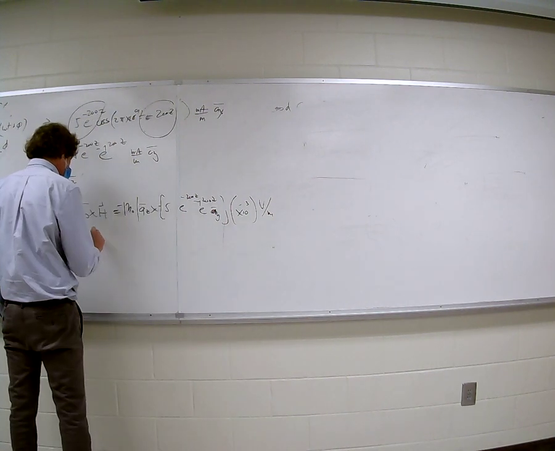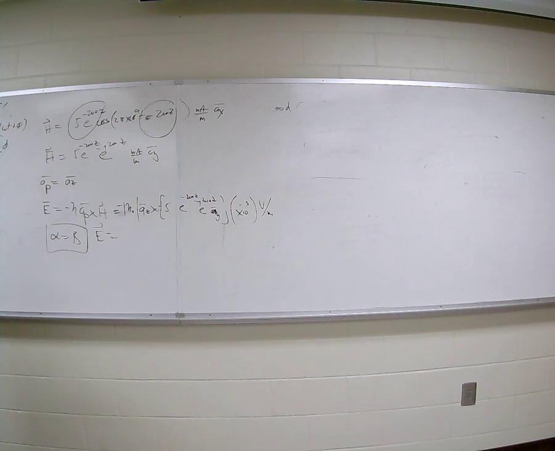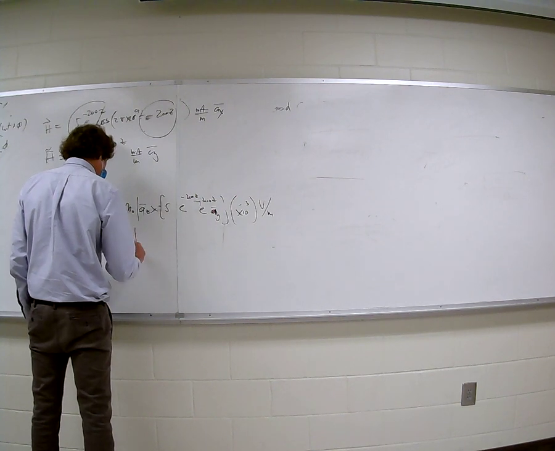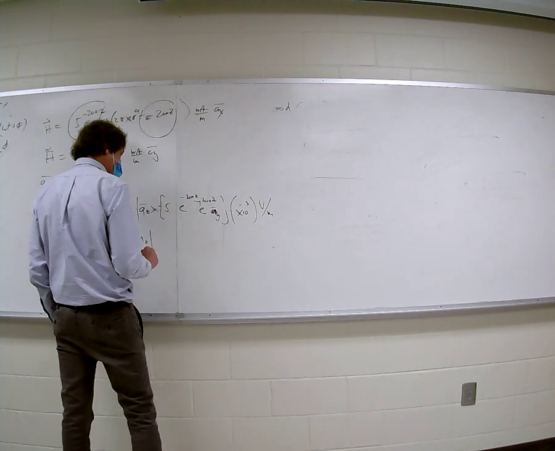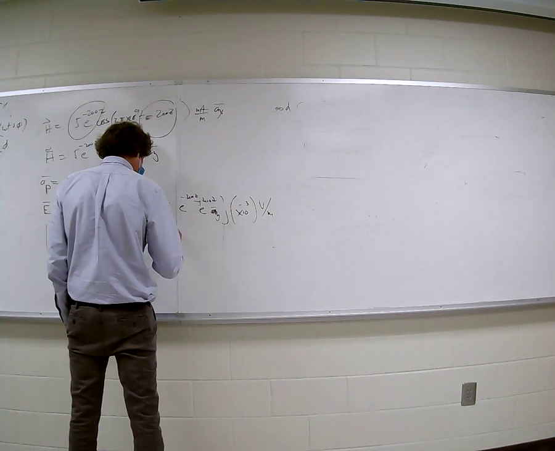And therefore, E in this one, when you go through it, I got a_z crossed a_y is minus a_x, and the minus times minus is plus a_x. Magnitude of eta naught times 5 times 10 to the minus third here.